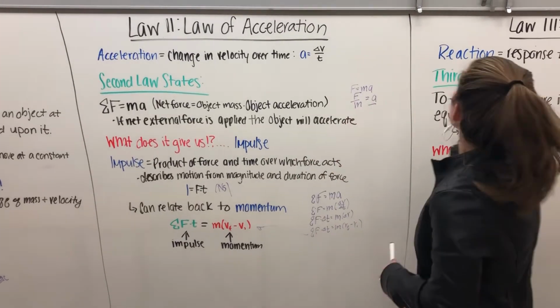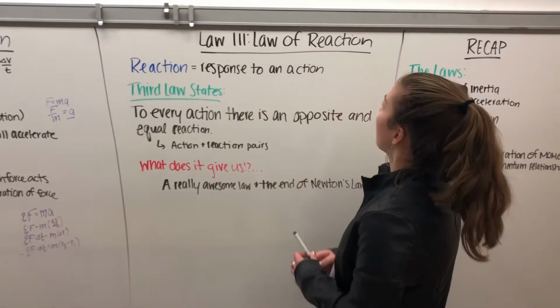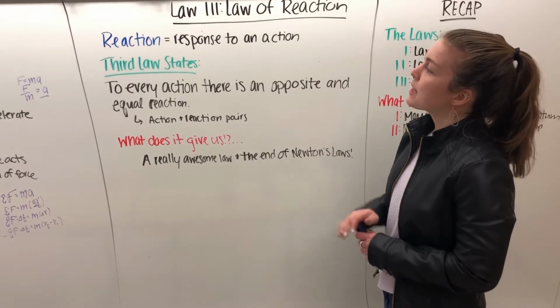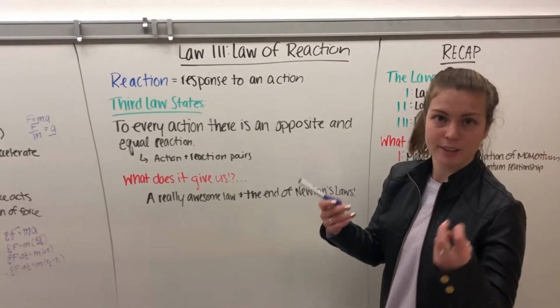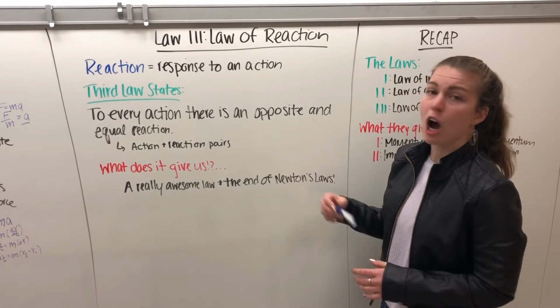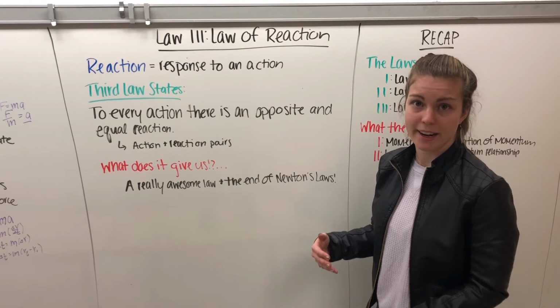So, for our third law, we've got the law of reaction. The law of reaction is based off of a response to an action, which is what we can define reaction as. And the third law states that to every action, there's an opposite and equal reaction, or we can call them action-reaction pairs.